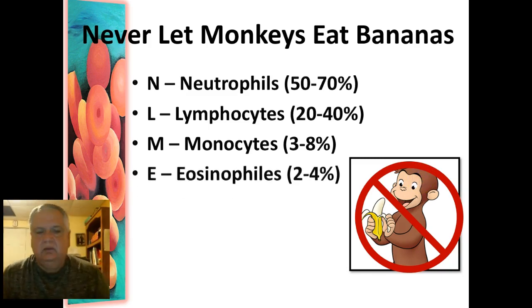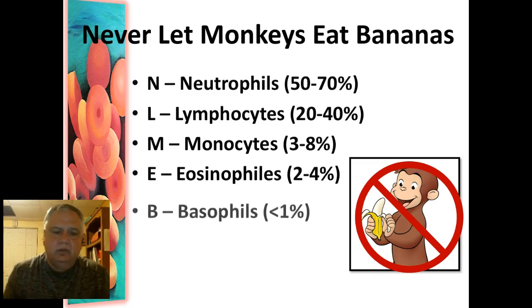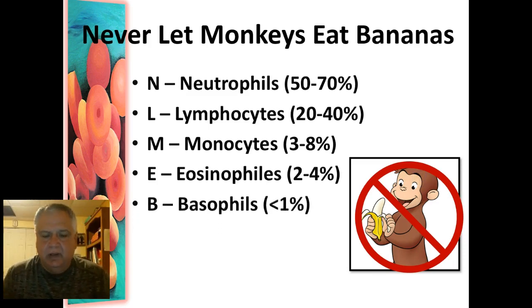E in eosinophils, about 2 to 4% of the total population, and B, bananas, for basophils should be less than 1% of the population. If we have concentrations outside these ranges, that can help with diagnosis of various disease states.